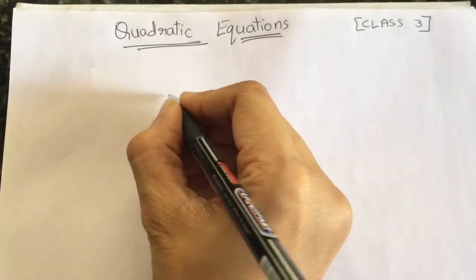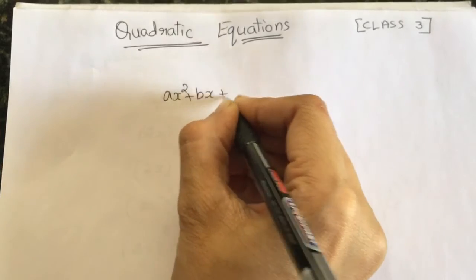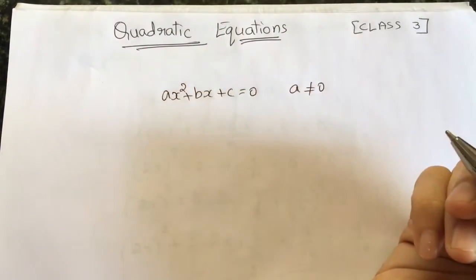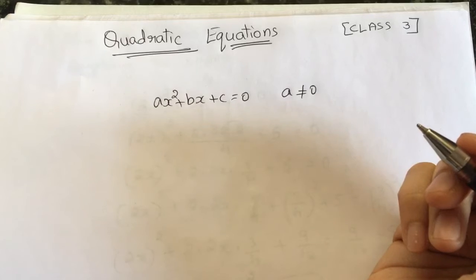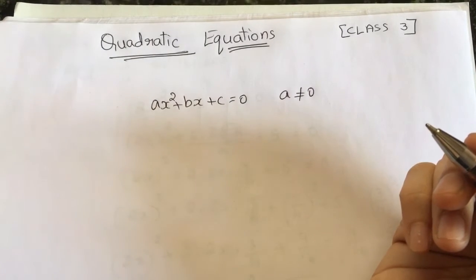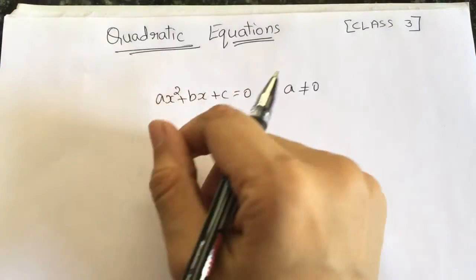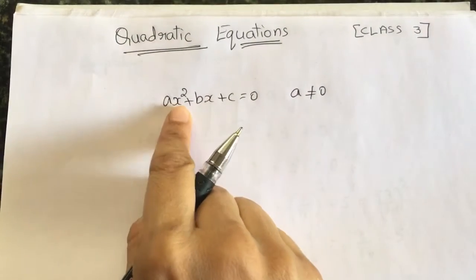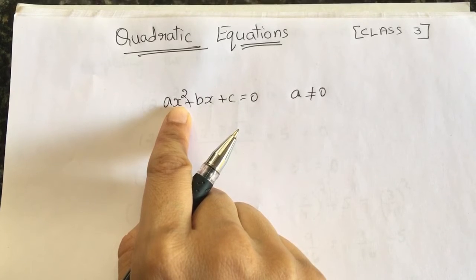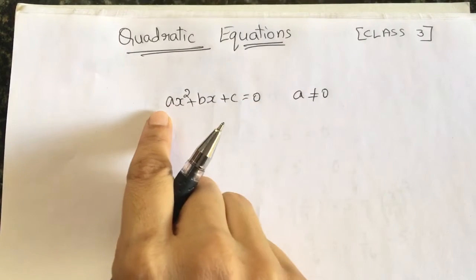A quadratic equation is given to you, say ax square plus bx plus c equal to 0. I explained while doing the completing square method, if the coefficient of x square is not a perfect square number, then we go for dividing the whole equation by a.